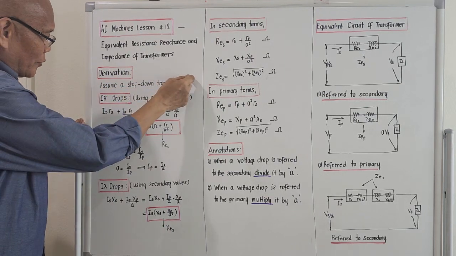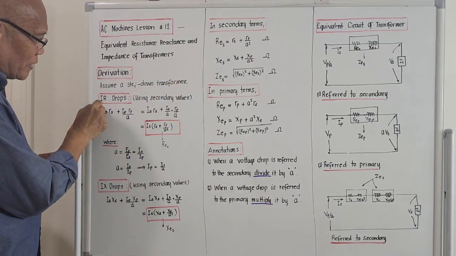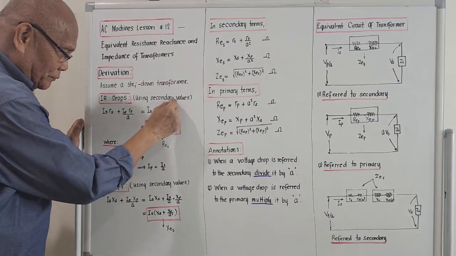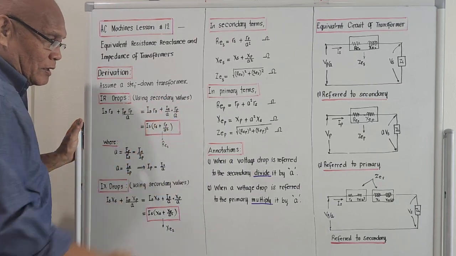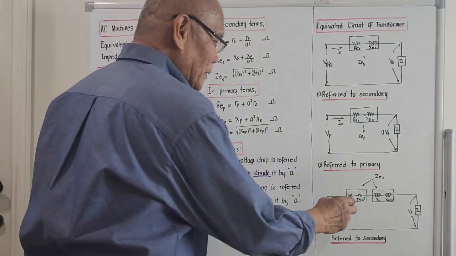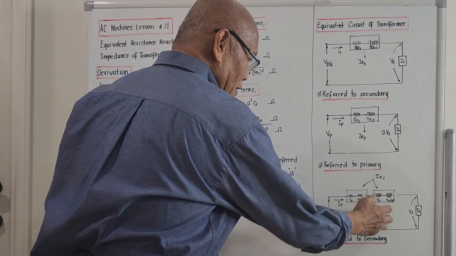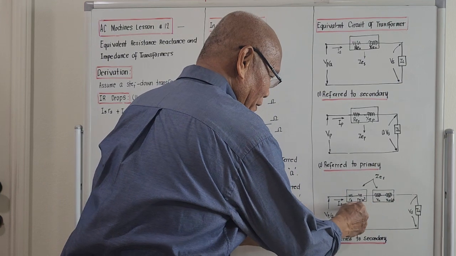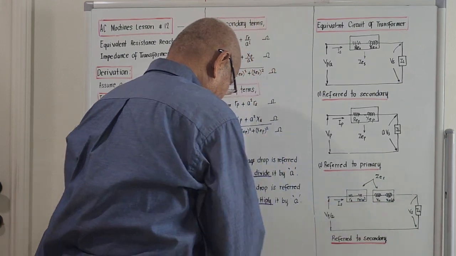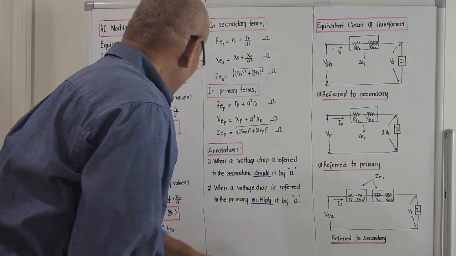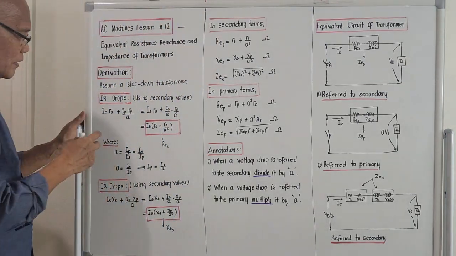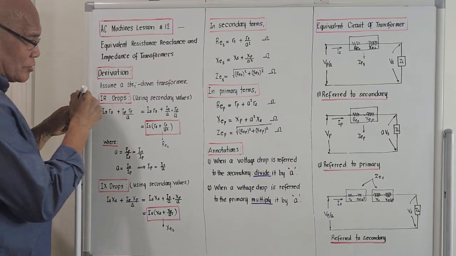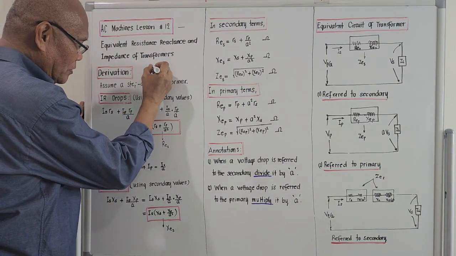Assume a step-down transformer. If we compute for the IR drops, for the meantime, we use secondary values. We'll compute the resistance and reactance as a single value for both the primary and secondary. On the solution here, the first product, I sub S, R sub S, is the voltage drop across the resistor portion.